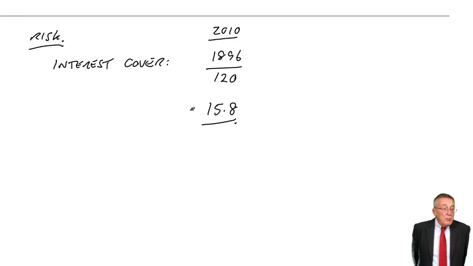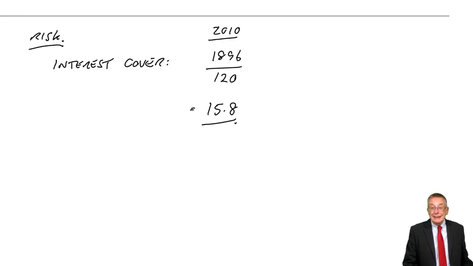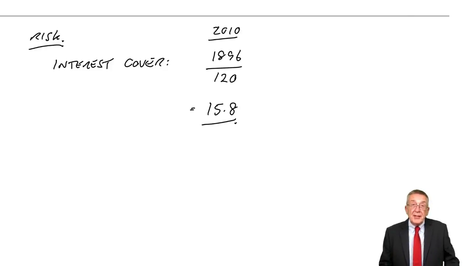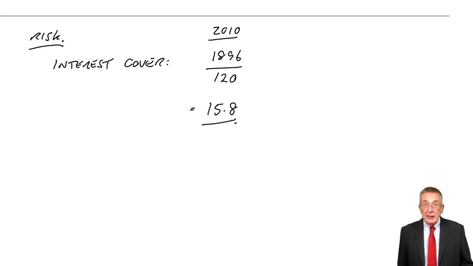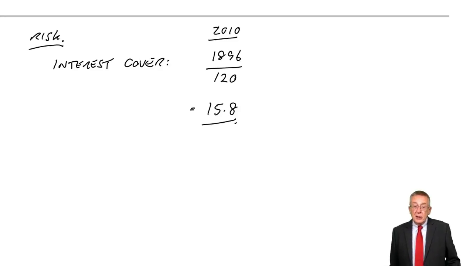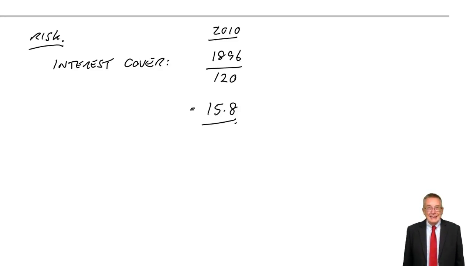We don't know what's going to happen next year. Profits may be lower, but profits can fall by a huge amount before we're not able to pay the interest. If it got very low, say the profit was only 130, we can pay the interest, but only just.